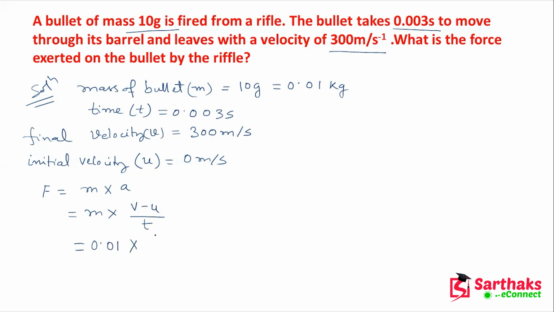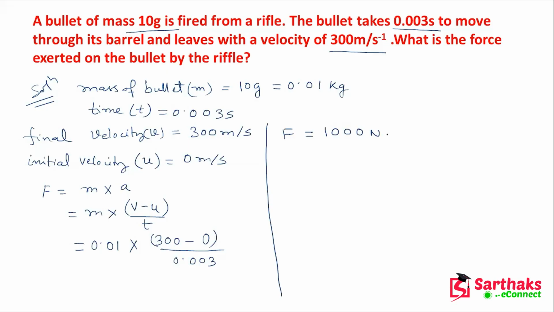How much is v? 300. How much is u? 0. How much is t? 0.003 second. So I get F equals 1000 Newton, and this is the answer.